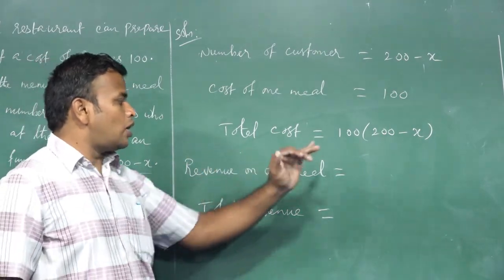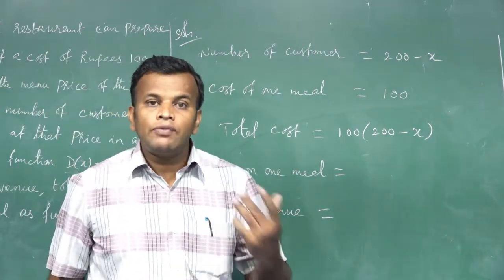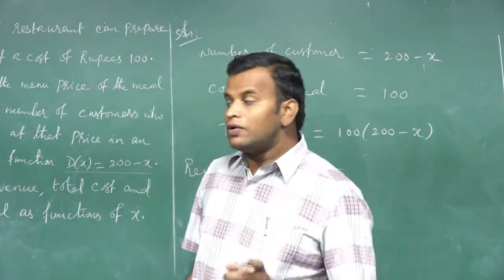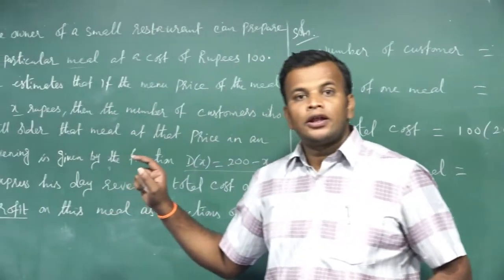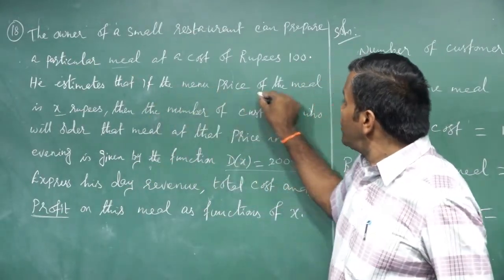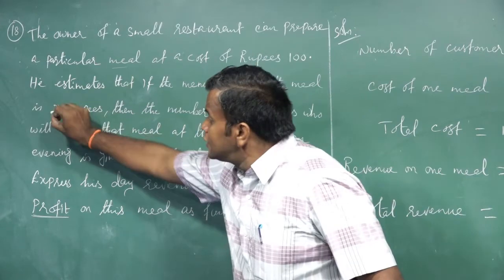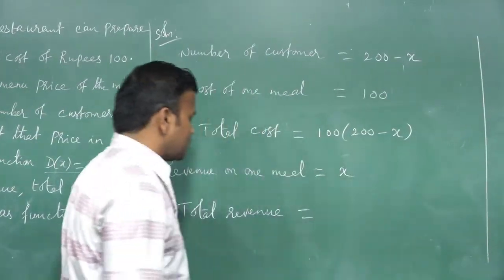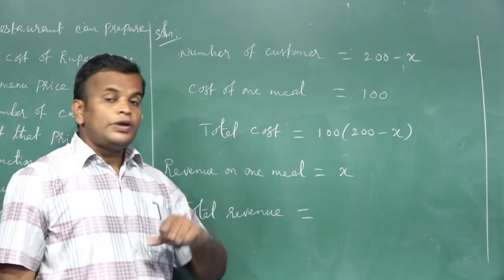Next, revenue on one meal. What is the revenue on one meal? It is not given in terms of rupees, it is given in X. Revenue on one meal, you see, if the menu price of the meal is X rupees, so we take that value as X. Okay. What is the total revenue?